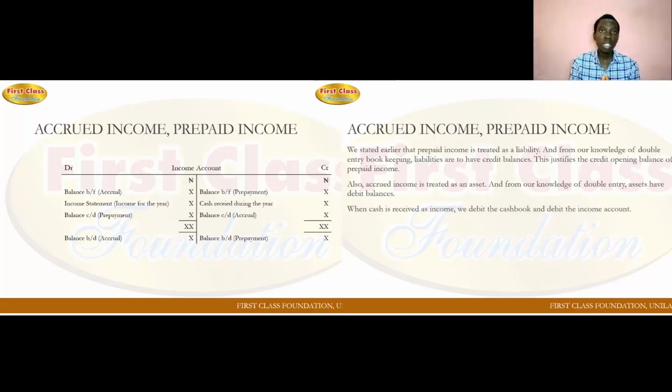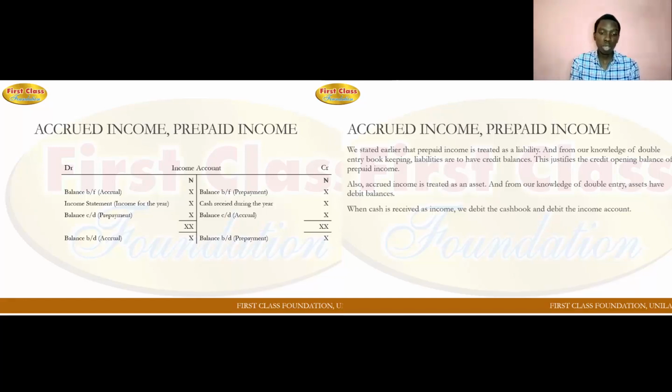So for the cash received during the year, when cash is received from income, we debit the cash book and credit the income account. You mentioned that the income account is meant to have a credit balance, so additions to income are going to be on the credit side. So we debit the cash book, we credit the income account.